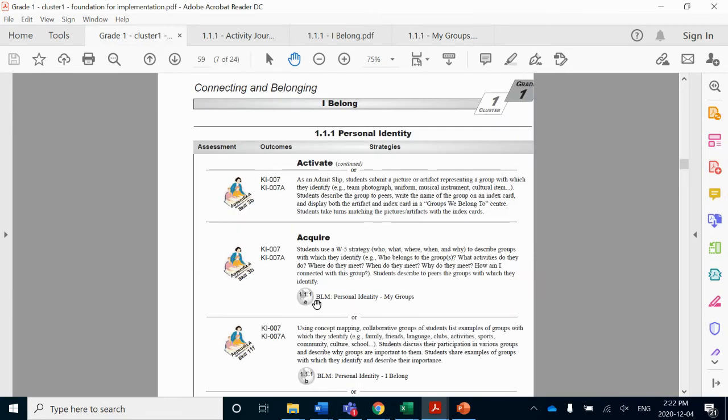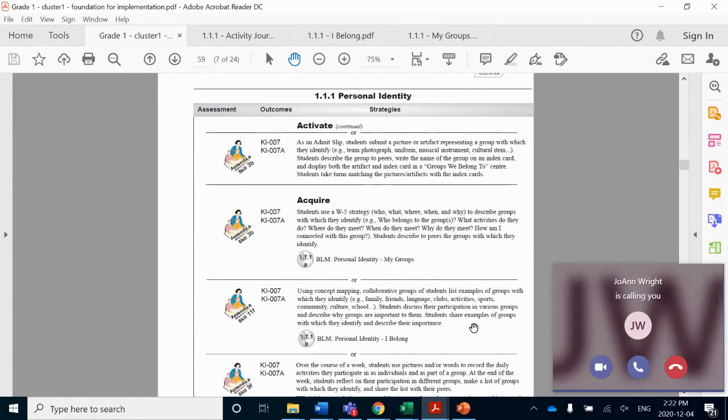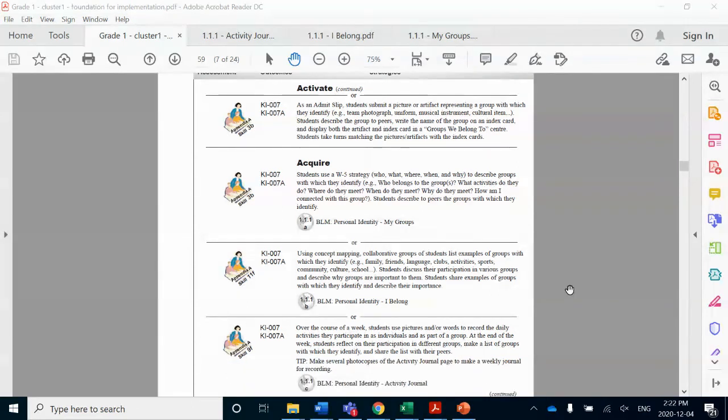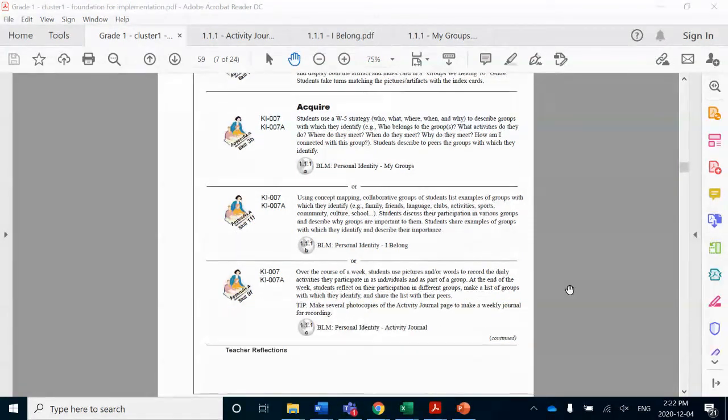So you see 1.1.1a, 1.1.1b, and again, you'll notice that it's saying you can do this activity or this activity. Again, it's your choice, and depending on how you know your student or what they're interested in, they might want to do one activity over the other, and hopefully you can make a good informed decision about that.